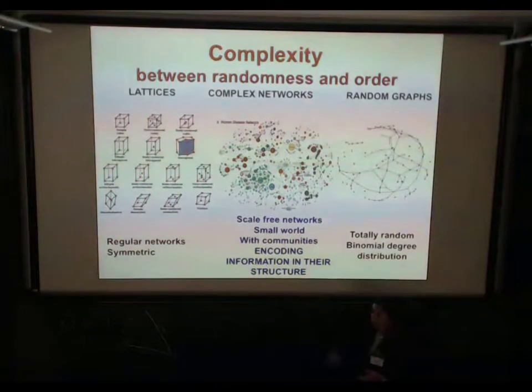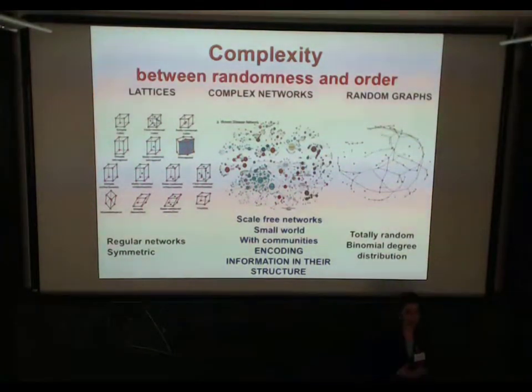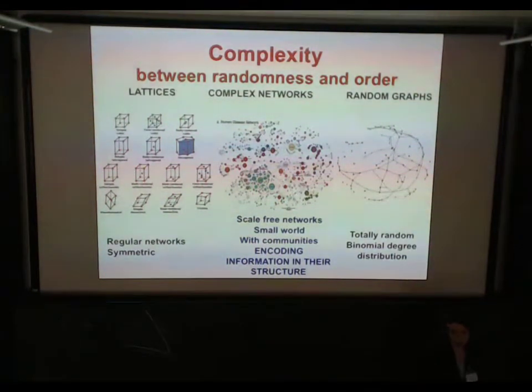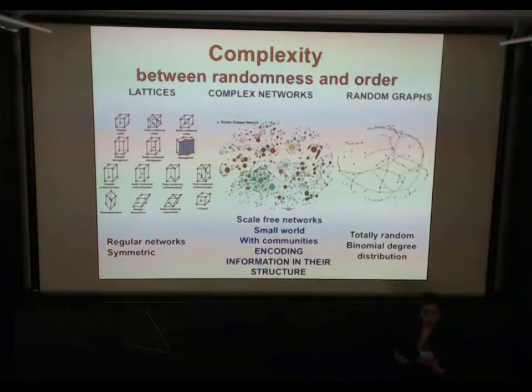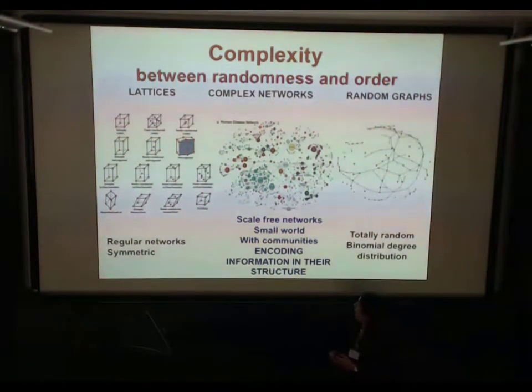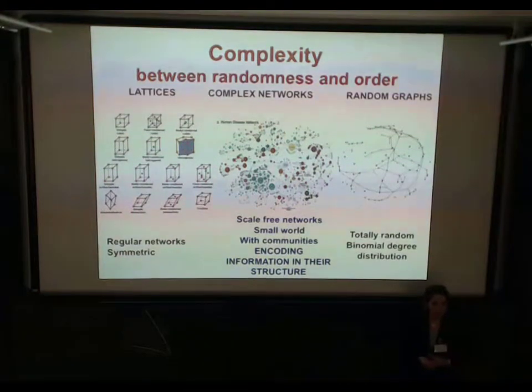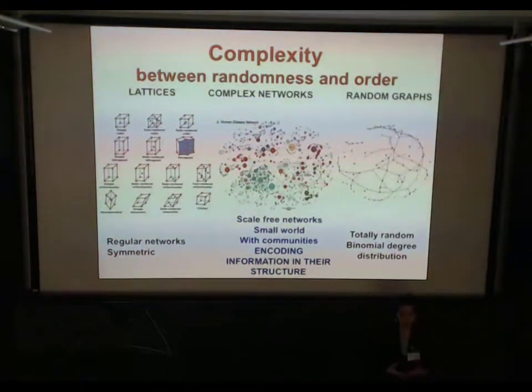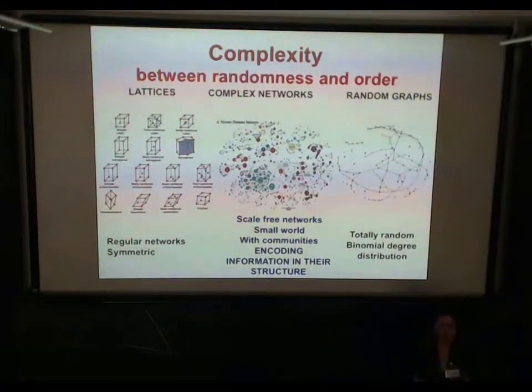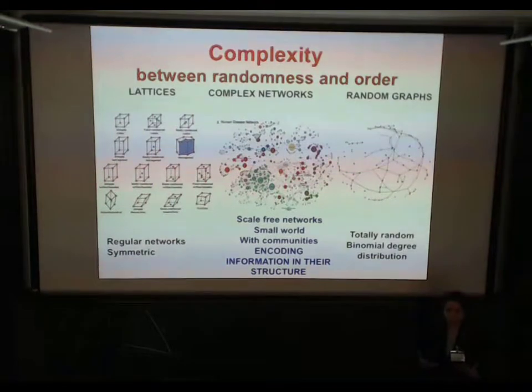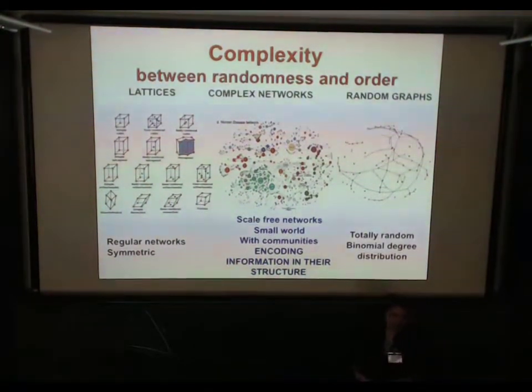At the opposite end, we have very regular structures like lattices that have been studied a lot in crystallography, in physics. And in the middle, we have these objects that describe real systems that are intrinsically stochastic, in which there is a lot of randomness, but at the same time they are not completely random, and the idea is that by studying the structure, we can get some insight about their function.